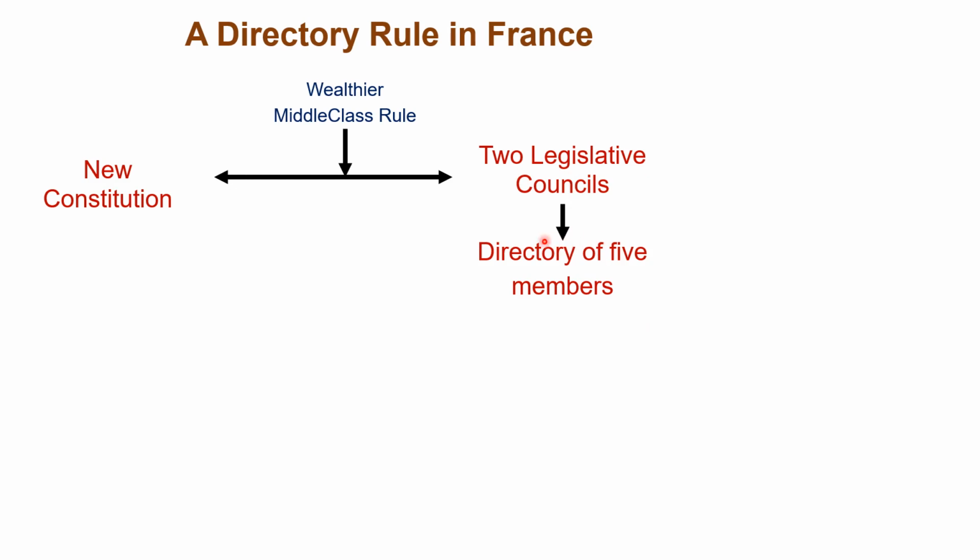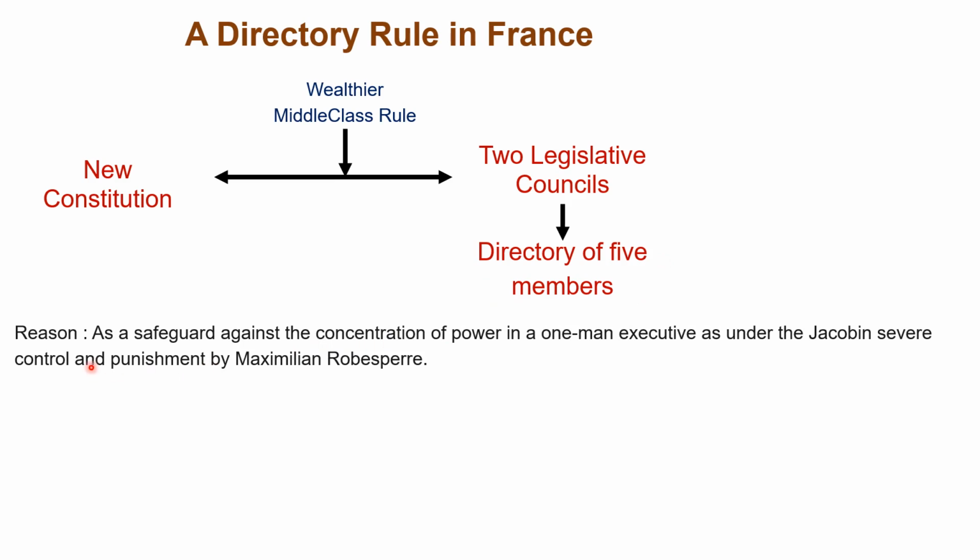Why did they elect a directory of five members? Because as a safeguard against the concentration of power in one man, as under the Jacobins' control and punishment by Maximilian Robespierre. So here is the flow chart of the Directory.